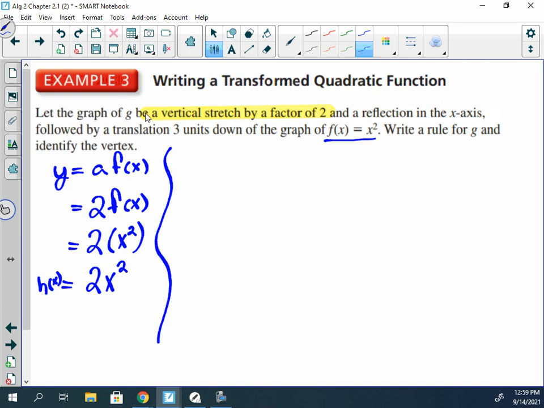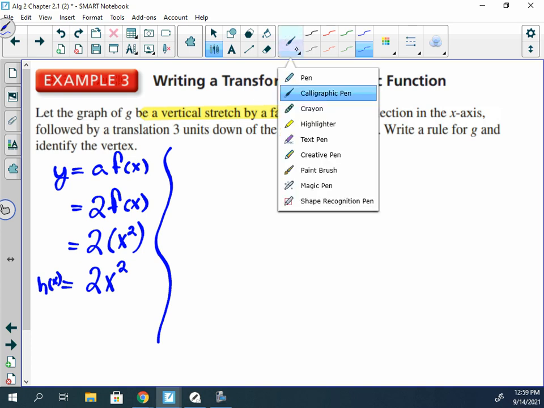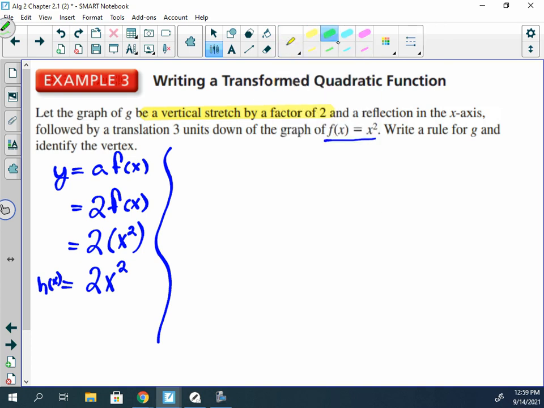Almost, because we still have 2 other transformations to do. Because we did the first one, we have 2 left. Now the next one was a reflection in the x-axis. So y equals negative f of x. Well, we don't have f of x anymore.